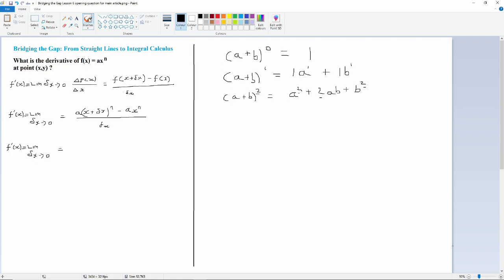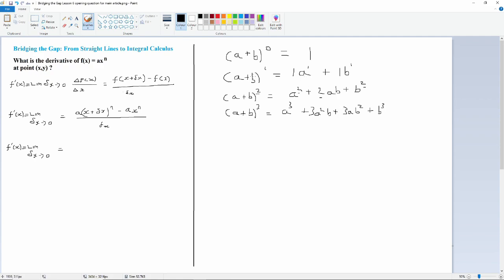Okay, and if we recall from the last lesson, we actually multiplied it out longhand, but we concluded that a plus b to the power 3 is equal to a cubed plus 3a squared b plus 3ab squared plus b cubed.